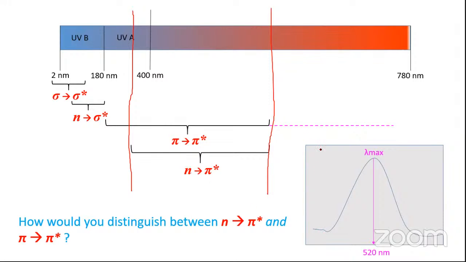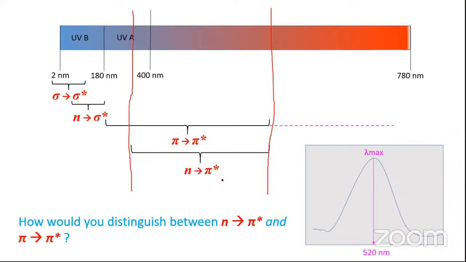To give you a perspective of what I'm trying to ask, say I find out the absorption spectra of the molecule, and the absorption spectra looks like this, so I know that the molecule absorbs heavily at 520 nanometers. But 520 nanometers falls somewhere over here. So this is the range where you can get both pi to pi star as well as n to pi star transition.